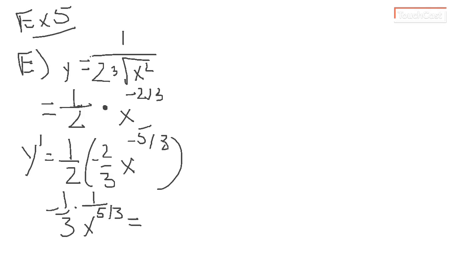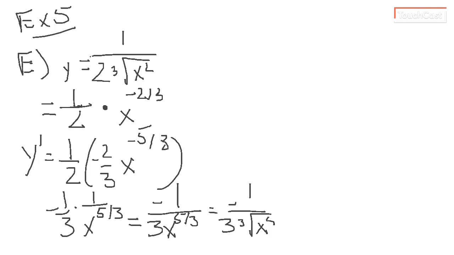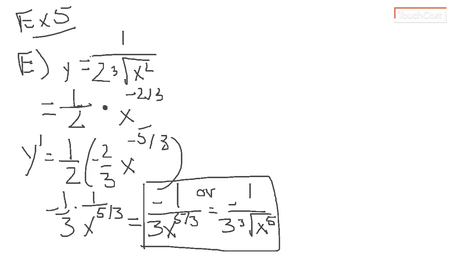So we can write this as negative 1 over 3x to the 5/3, or if you wanted to go one step farther, you could write it as negative 1 over 3 cube roots of x to the 5th. I would take either of these as an answer. So you can give me either of those two.